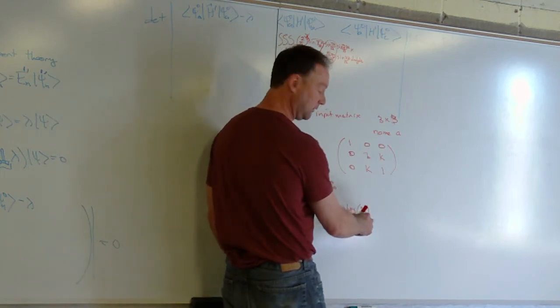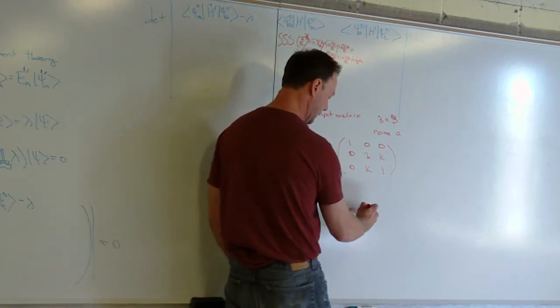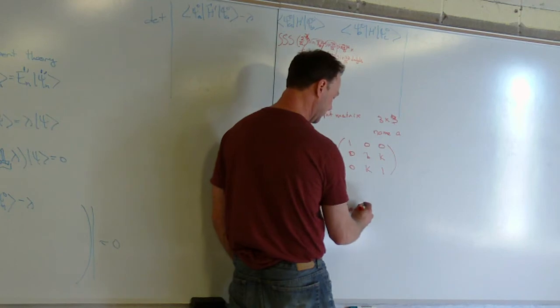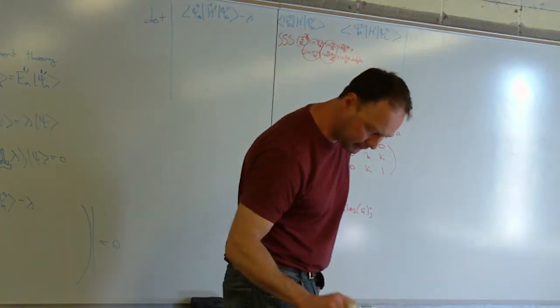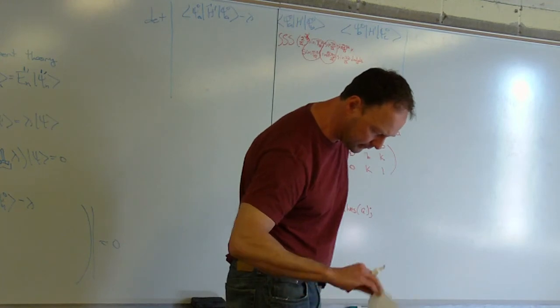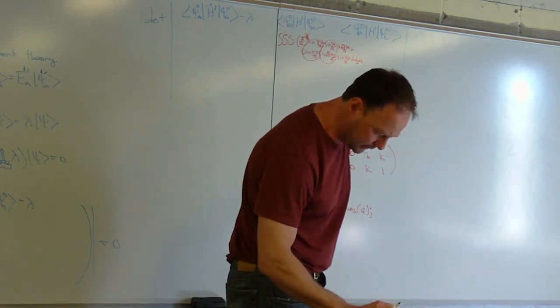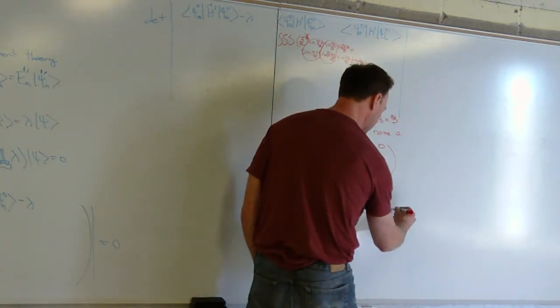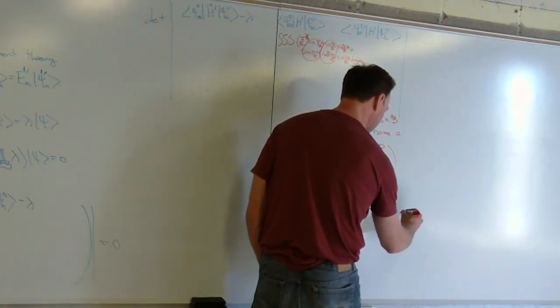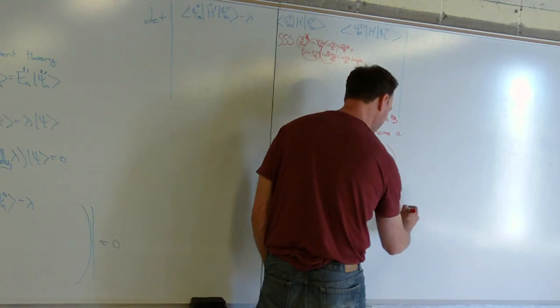But if you wanted, you could get rid of the percent and just put A, and it will get the eigenvalues of A. And when it did that, it gave me something that looked like this: 1 minus kappa, 1 plus kappa, and 1.